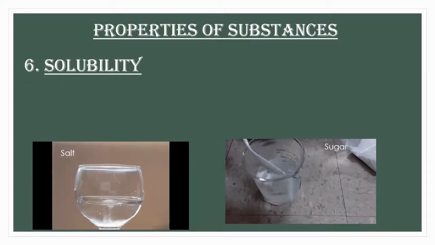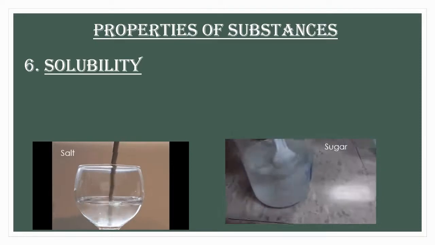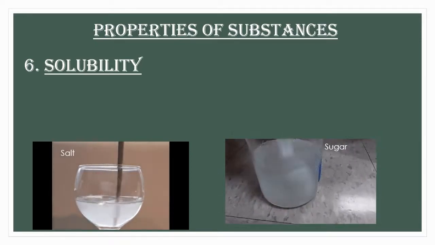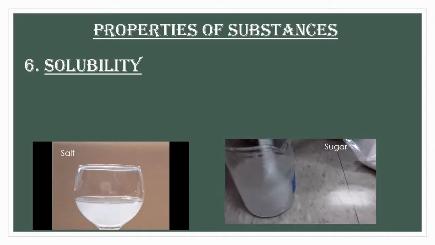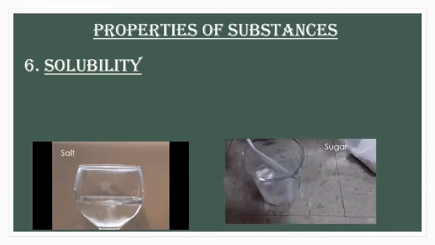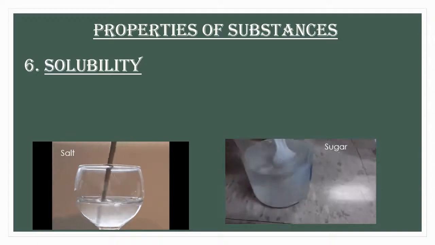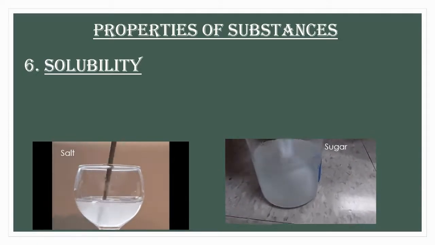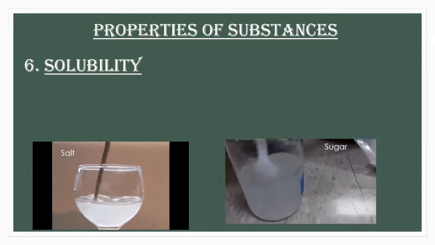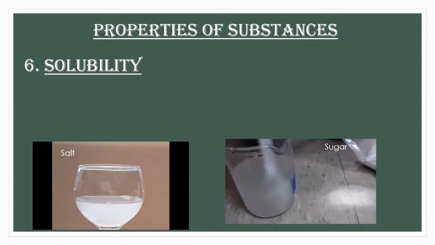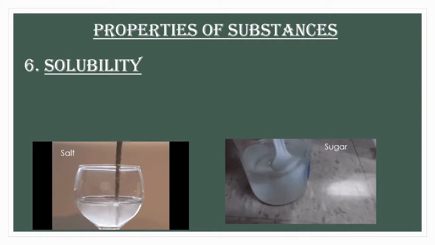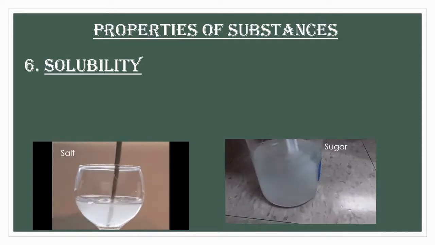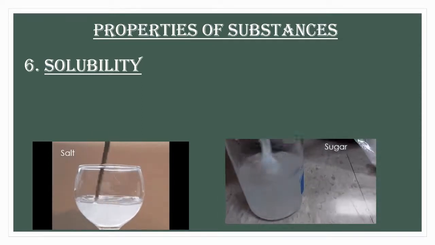Now students, let's learn about the next property, solubility. Now for this, take a glass of water, add some salt and sugar to it and try to dissolve them. Now what do you observe? Yes, some solid substances dissolve in liquid, and if a solid does not dissolve in a liquid, it is said to be insoluble in that liquid.